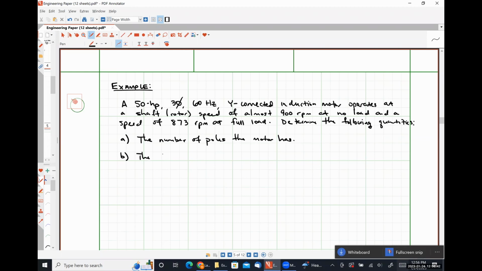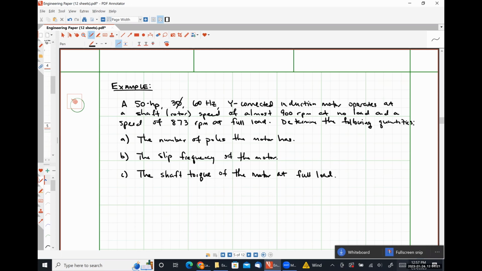B, the slip frequency of the motor, and C, we're going to have to talk about this one, the shaft torque of the motor at full load.